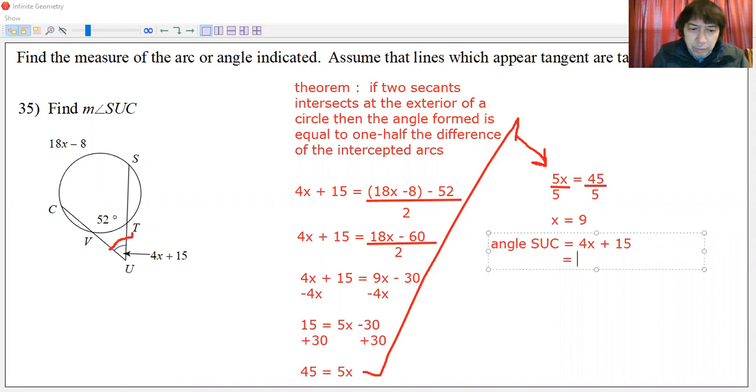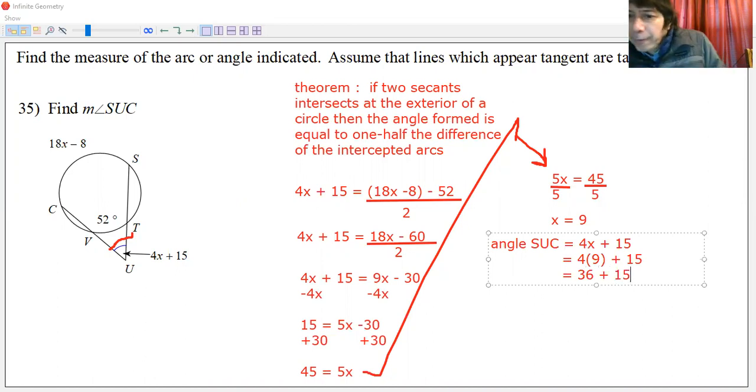So this is equal to 4 times 9 plus 15, and this is 36. So this is equal to 36 plus 15. How much is this? That looks like 51, yes? This is equal to 51.